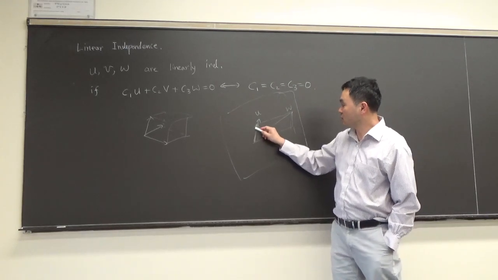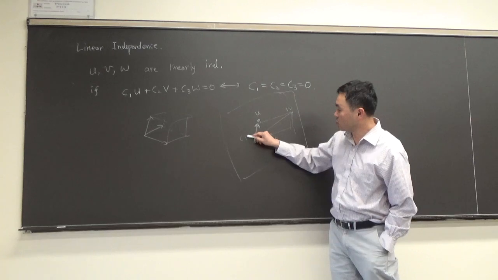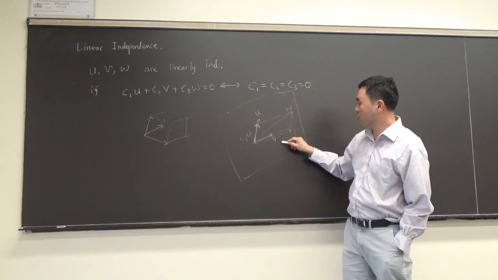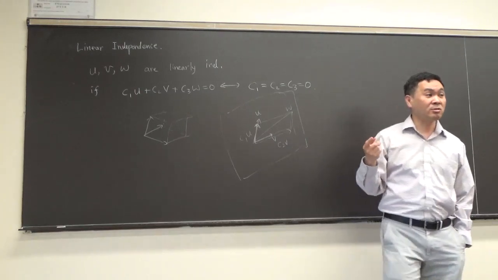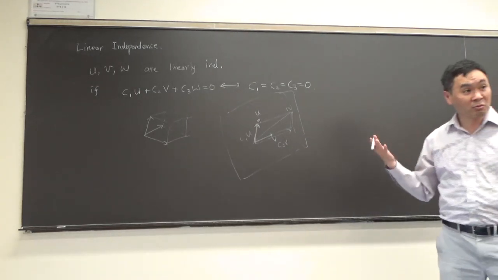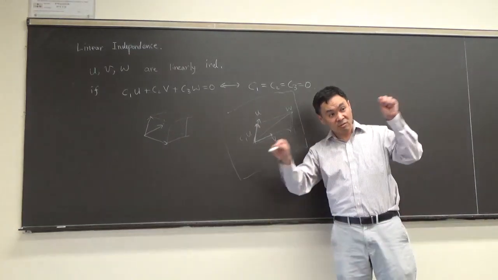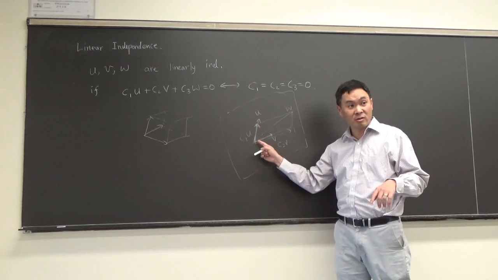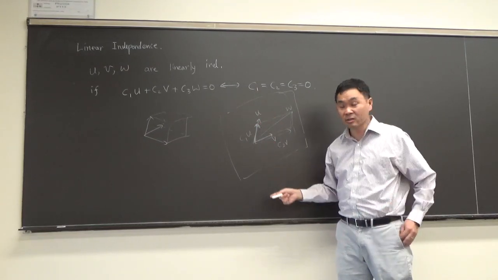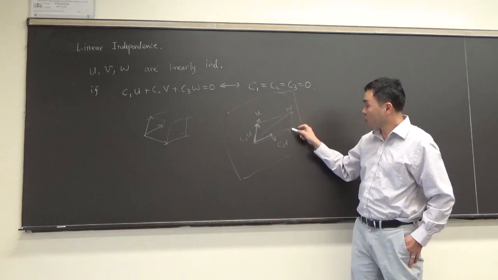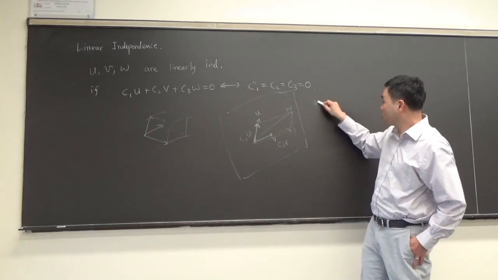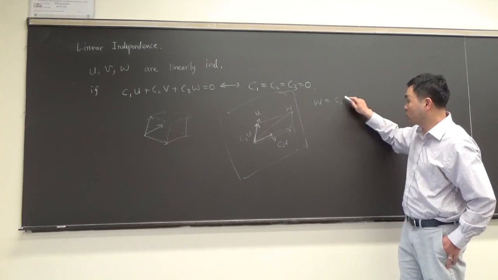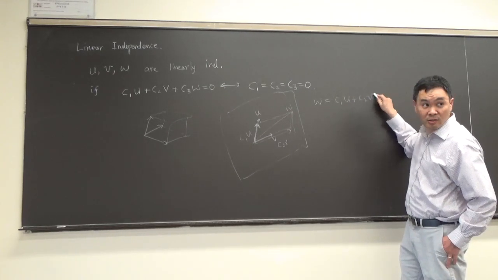Then this vector, this much here, we're going to call it C1u. If this is v, then we're going to call this one C2v. After all, these are some multiples of the previous vectors, right? Because they're in the same direction, there should be a real number that would convert one vector to the other, right? And this parallelogram law says that w is now equal to C1u plus C2v, right?